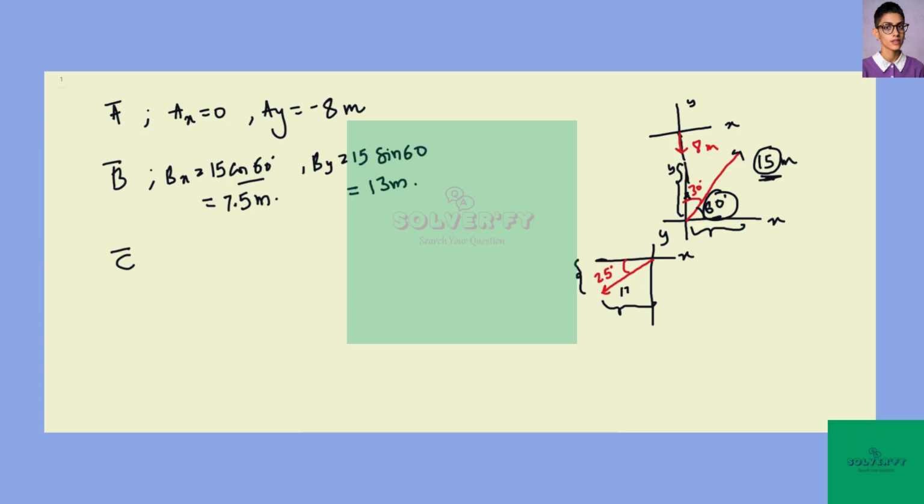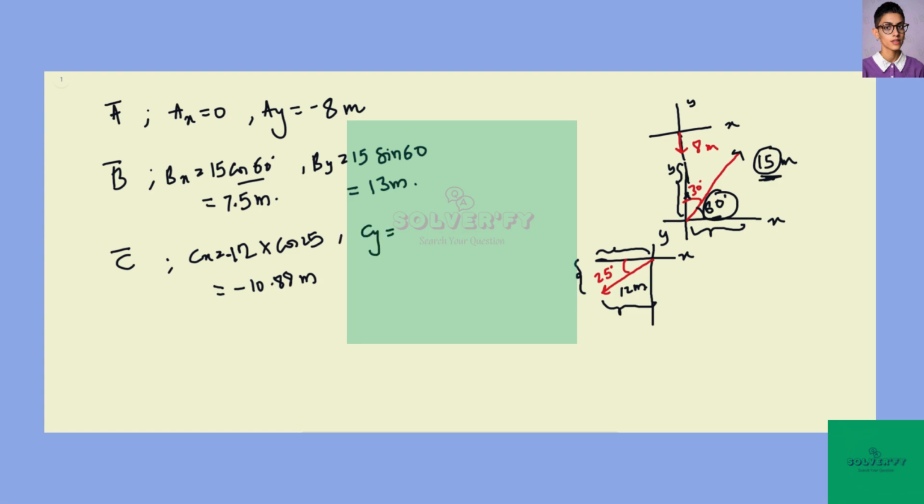Because C has a length of 12 meters, its x component is 12 meters multiplied by cos 25, because that is the angle it makes with the x-axis. But because this is negative, we add another minus sign here. Hence, this turns out to be minus 10.88 meters.